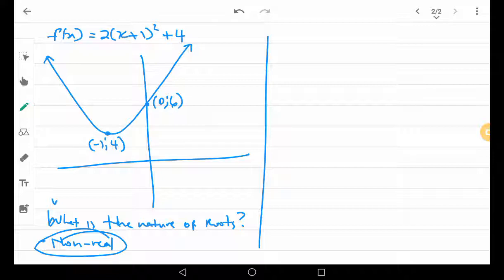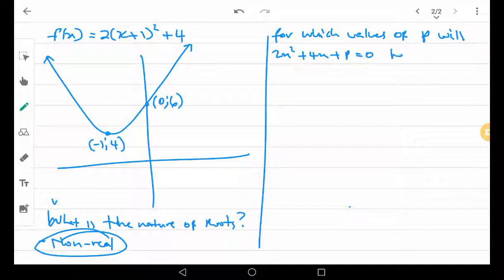Then, for which values of p will 2x squared plus 4x plus p equals 0 have number 1, equal roots, and number 2, real roots?